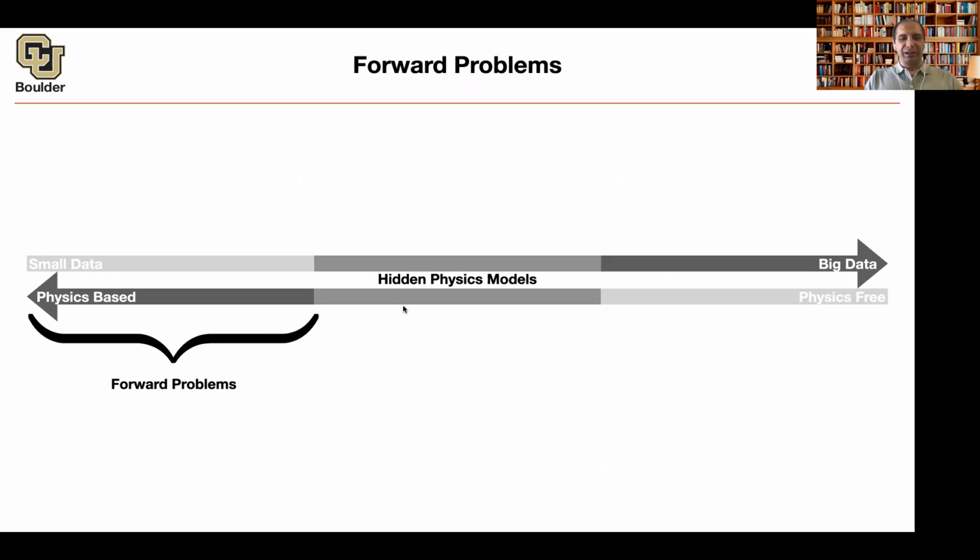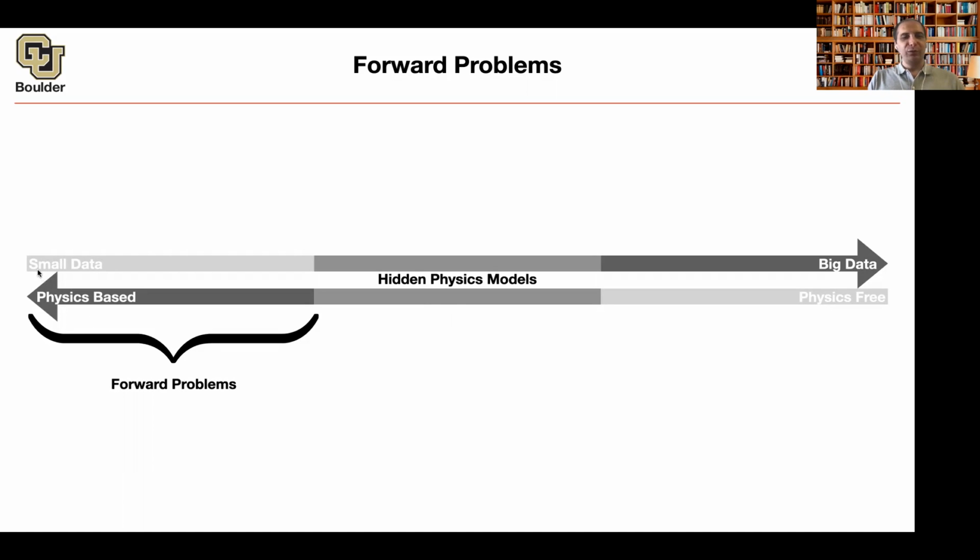Here is an outline of the talk. We are trying to devise a method that can handle small data, medium-sized data, or big data. And it could work with very few assumptions about our physics, or some more assumptions. Maybe you know your physics up until some parameters, or it is fully physics-based.